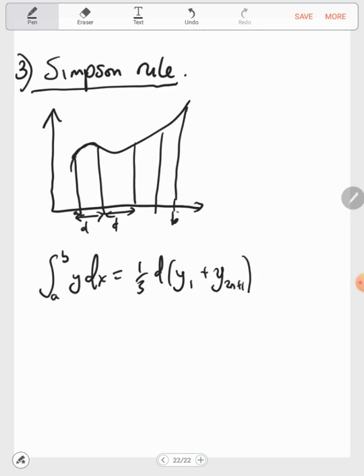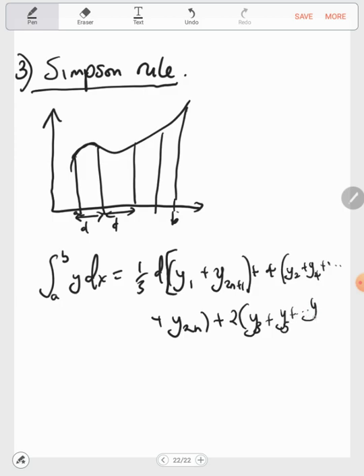Then we're going to add 4 multiplied by the even y's, plus 2 multiplied by the odd y's, up to 2n minus 1, and we close the square bracket.